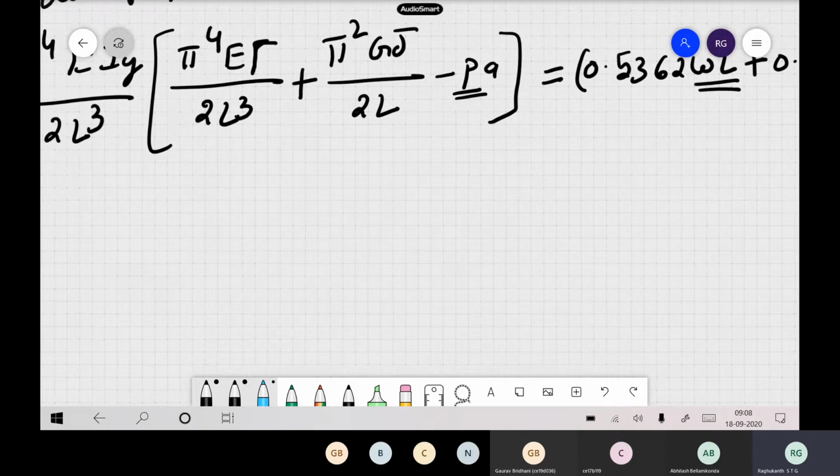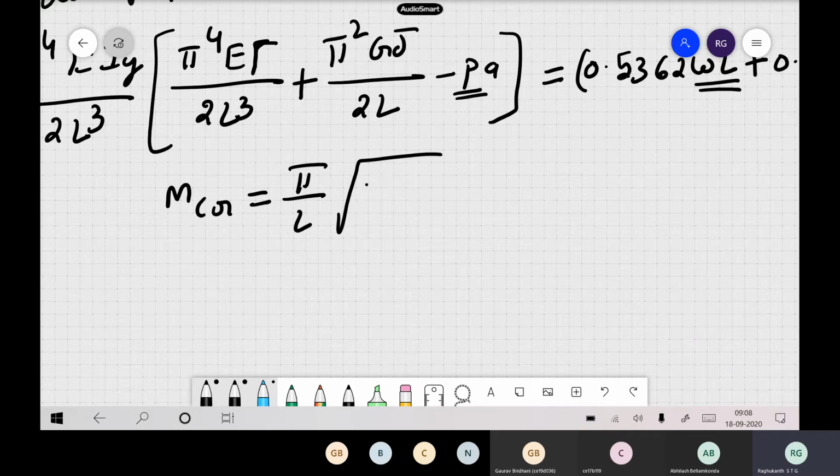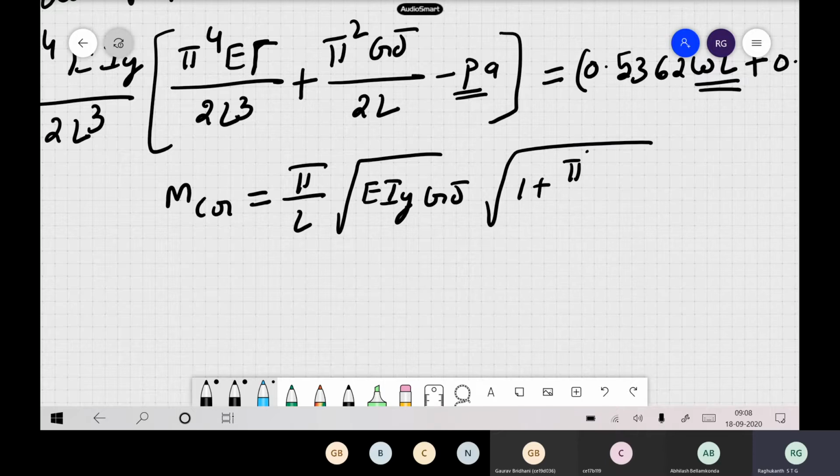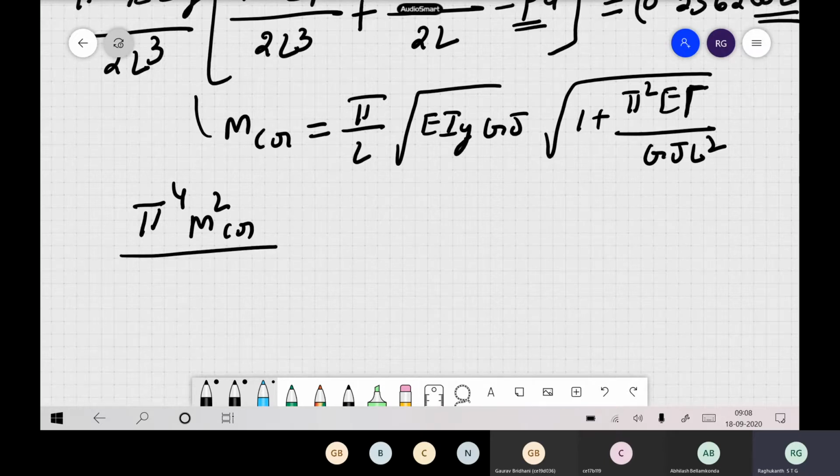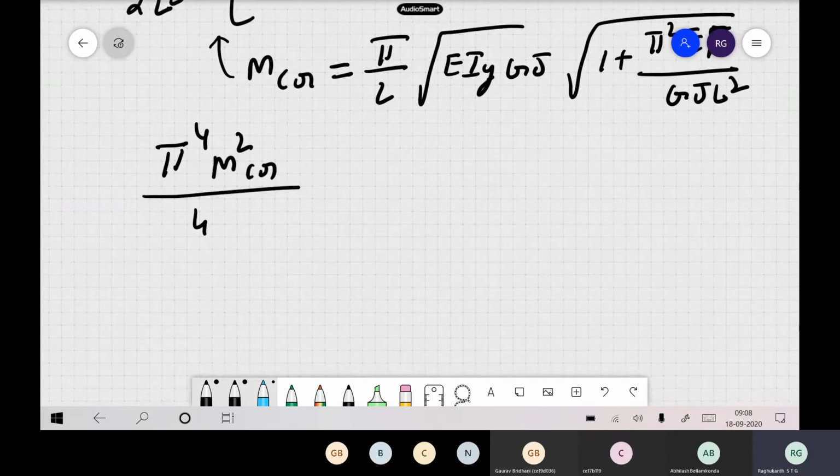Just for the time being, if I denote Mcr as pi by L, that same expression we wrote for the pure bending case, square root of E Iy into GJ times 1 plus pi squared E Cw by GJ L squared, then you can write this expression in terms of Mcr squared. So you substitute in this expression: 4L squared minus P a.